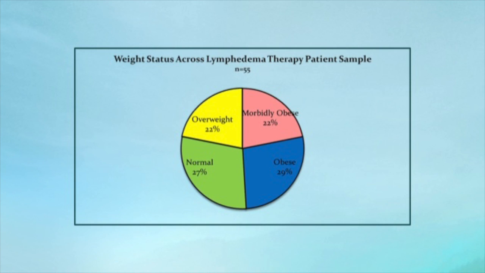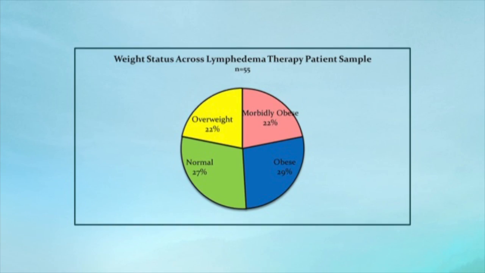So 55 patients over that 6 months. Wow, look at this. 27%, only 27% were normal weight. All the rest were overweight and obese. But even more astounding, 22% were morbidly obese. This was a big problem just in my little clinic.